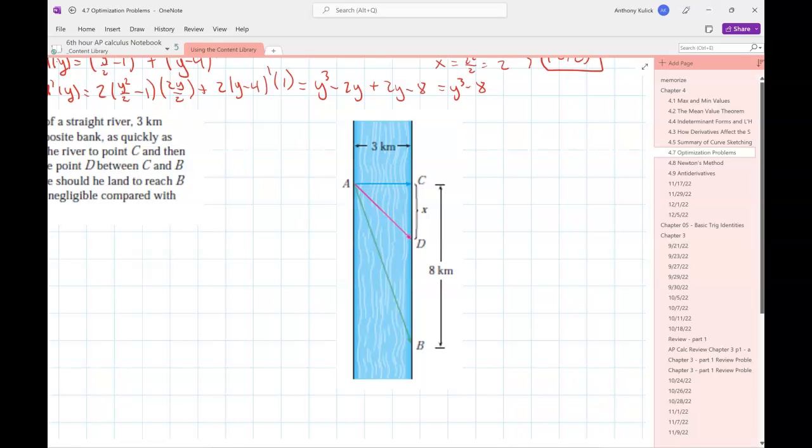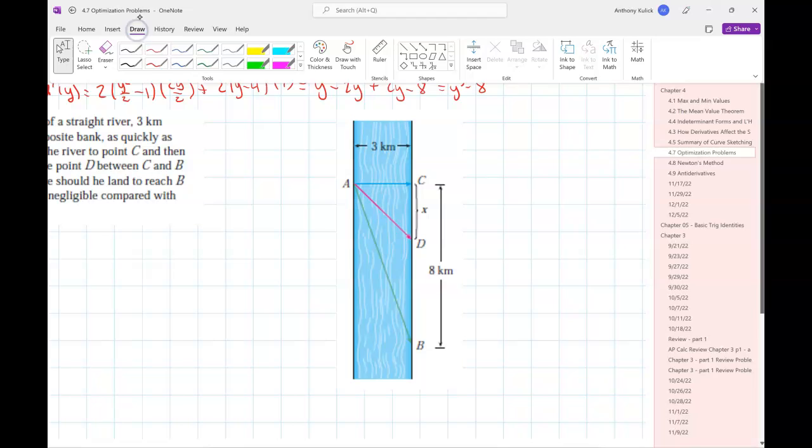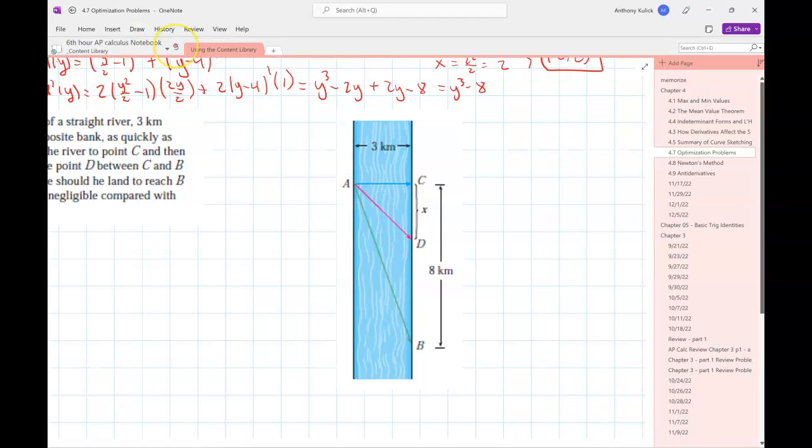But it's the same picture, right? It just doesn't look like a bunch of scribble scrabbles. All right, everybody happy with the picture we've drawn and the labels we've given? What are we trying to minimize again? Time, yeah. How is time calculated?